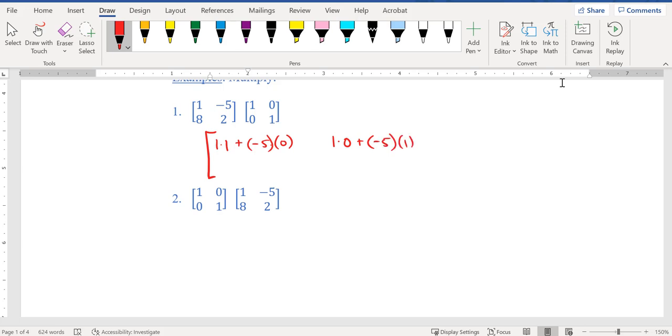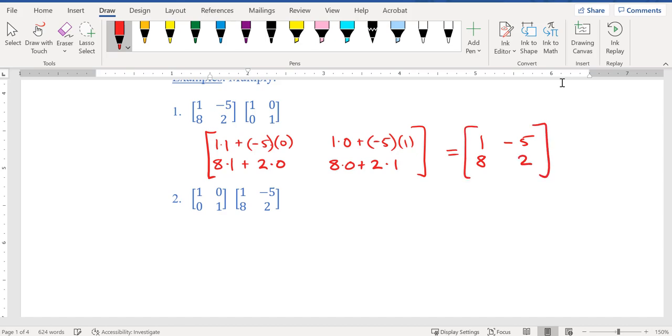Then 8 times 1 plus 2 times 0, and 8 times 0 plus 2 times 1. So my matrix would be 1, -5, 8, 2. Look, if you multiply this 2 by 2 matrix by the identity matrix, you get 1, -5, 8, 2 as the answer.